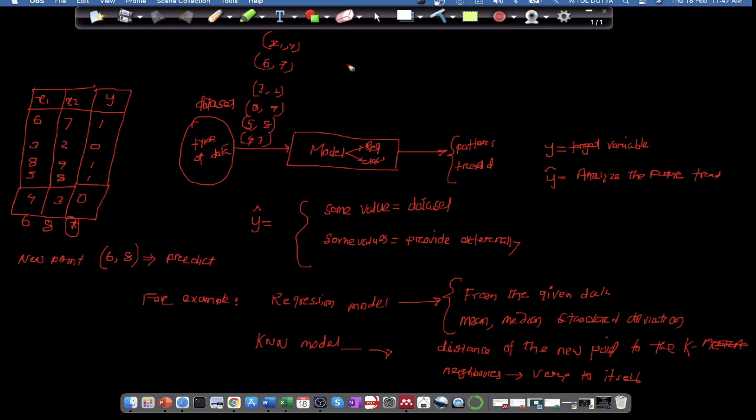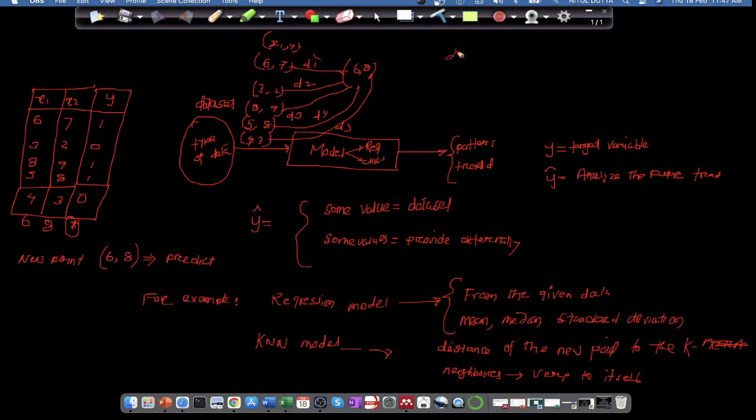And the new point is 6, 8. We will find the distances d1, d2, d3, d4, and d5. How to compute this distance?